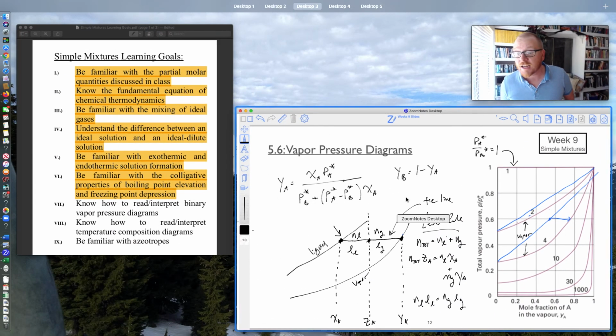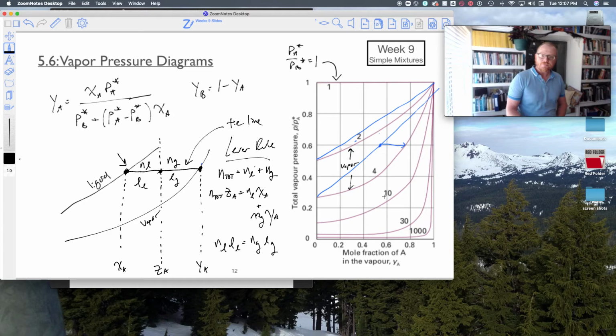So it's basically a proportionality. So if I scan across this graph, if I find a point that's halfway between my liquid line and my vapor line, and do these subtractions and do this proportion, assuming that I knew what the total number of moles was, which I would have had to because I made the solution, then I could calculate exactly how many moles of this thing are in the gas and how many moles of this thing are in the liquid.